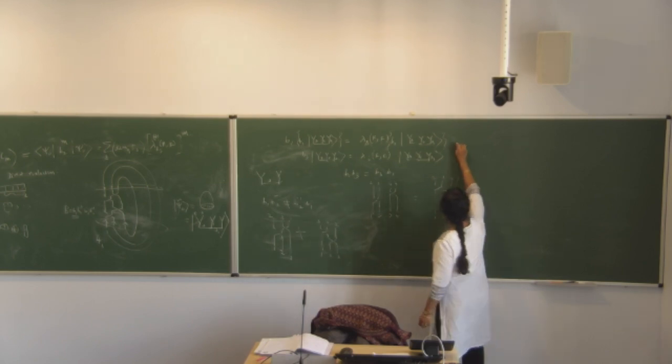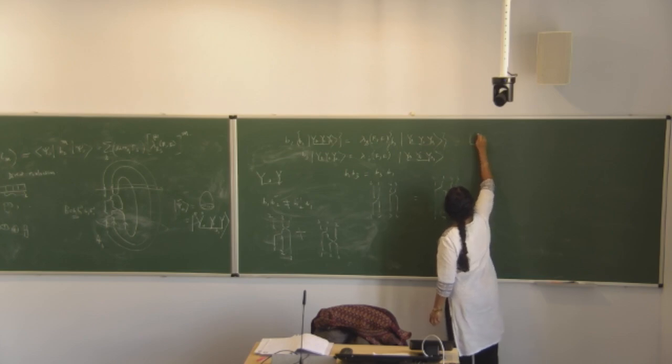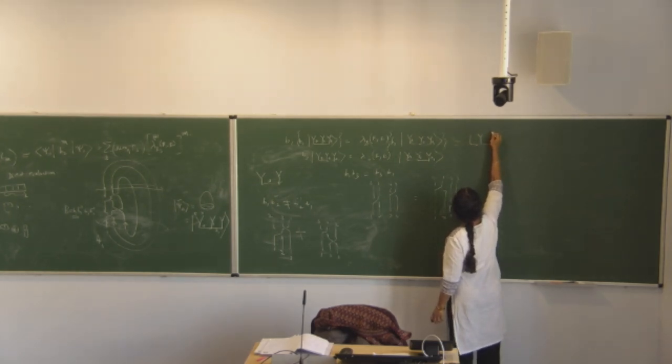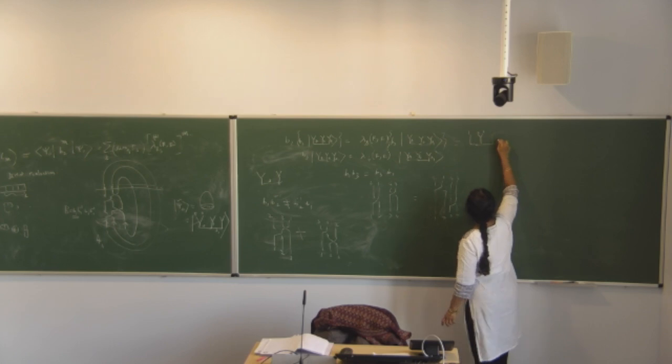So let me say that I would like to rewrite this is 1, 2, 3, then you will have a 4 and 5, right?